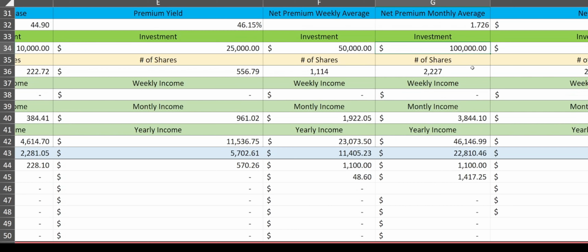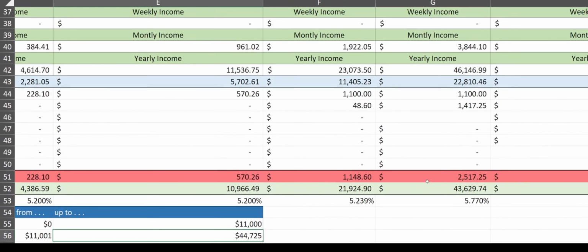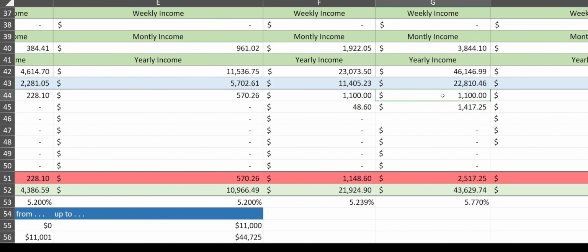Okay, so for a $100,000 investment, you're going to own 2,227 shares of MSTY. That monthly income is going to be $3,844.10, and over a year, that's going to be $46,146.99. Because of the return of capital considerations, we're only going to have to pay taxes on $22,810.46. $22,000 hits two different tax brackets, right? Up until $11,000, we pay 10%, so that's where the $1,100 comes from.